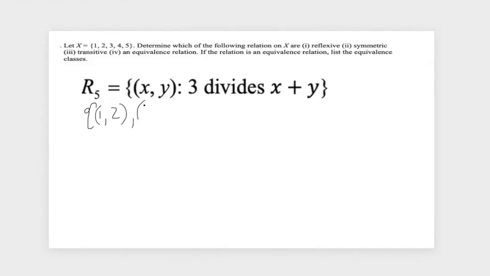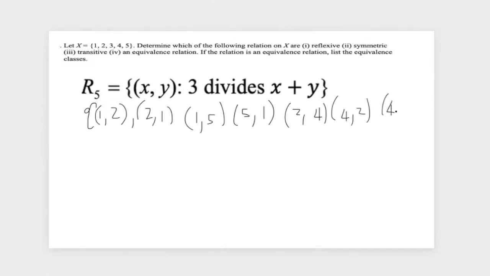Then it also means we can have (2,1), (1,5) and (5,1), (2,4), (4,2), (4,5), (5,4). So the question is, is it reflexive?